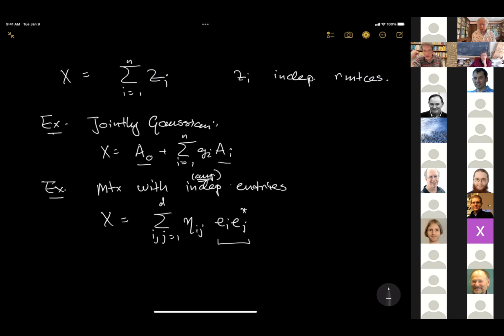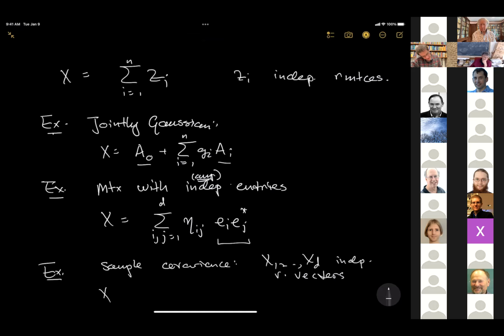Again, it's a sum of independent random matrices, but you can also look at sample covariance matrices. So if x1 to xn are independent random vectors, and I take X to be the sum over i from 1 to n of xi xi transpose, this is called a sample covariance matrix.